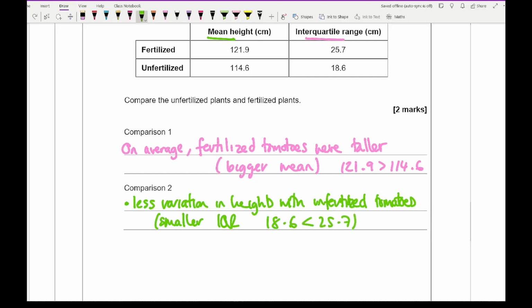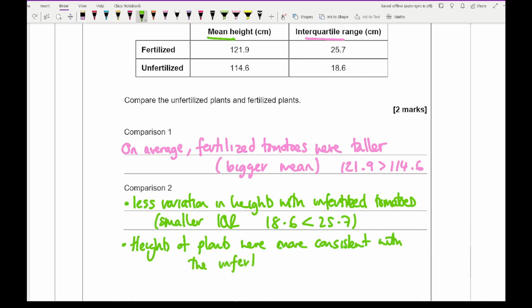Or you could say something along the lines of that the heights of the plants were more consistent with the unfertilized tomatoes.